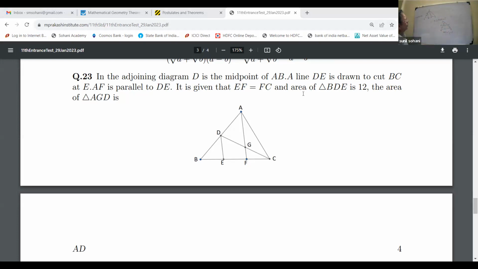So out of this, what we can use here, let me explain. So if you look at triangle BAF, these like MN and QR are parallel. Here DE and AF are parallel. And also given that D side is midpoint, therefore E side is also midpoint. So as per midpoint theorem, let me get another pen.